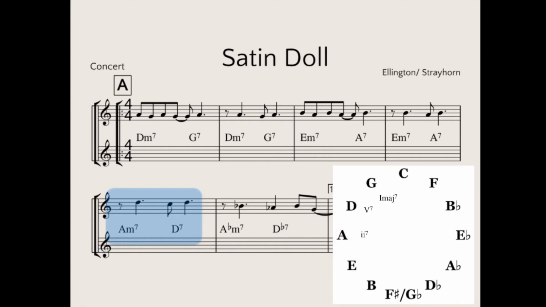Here, in bar 5, the tonal centre comes from G major. And bar 6, the tonal centre here comes from G flat.